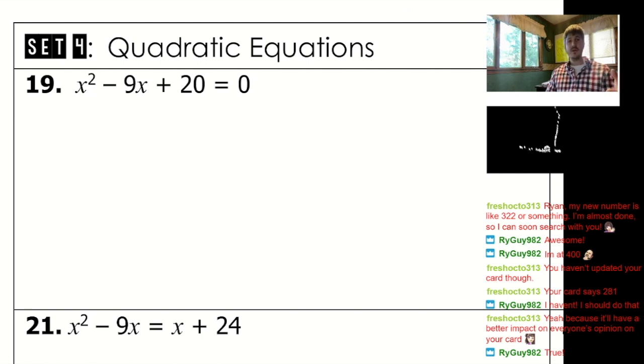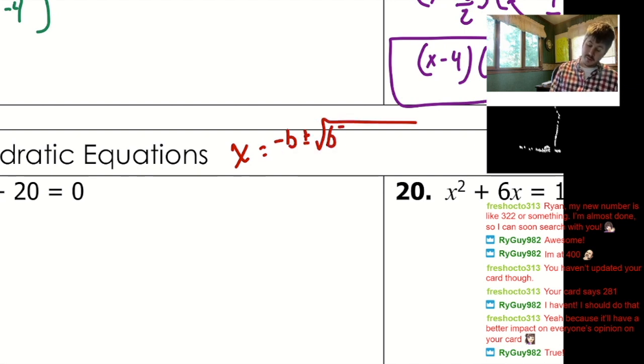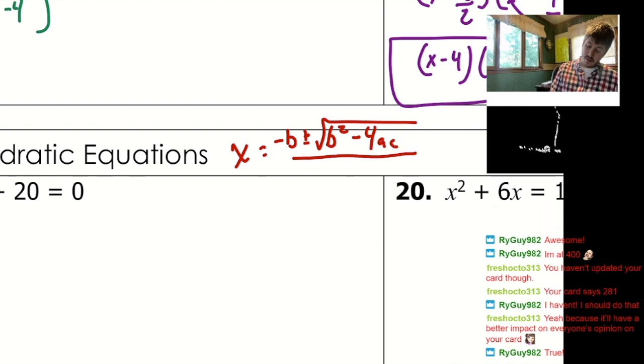If you ever come into a situation where you cannot factor, the one method that will always work no matter what, even if it factors or doesn't factor, is your quadratic formula. Negative b plus or minus the square root of b squared minus 4ac all over 2a. That will always work if you ever forget about factoring.